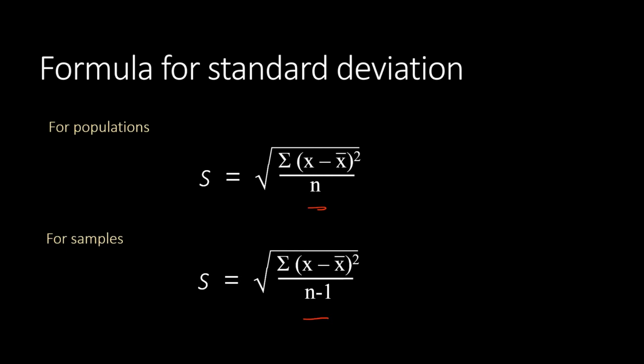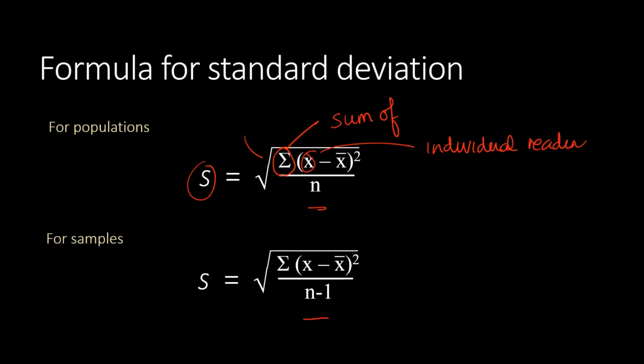Alright, so what do all these things mean? Well, s is simply the standard deviation. This is the square root. You're probably familiar with that one. This one, sigma, means the sum of all of them added together. x is the value of an individual reading. x bar, it's called, x with a little line on the top, that's the mean.